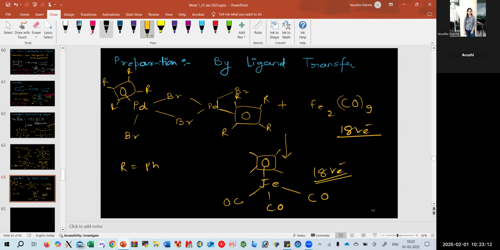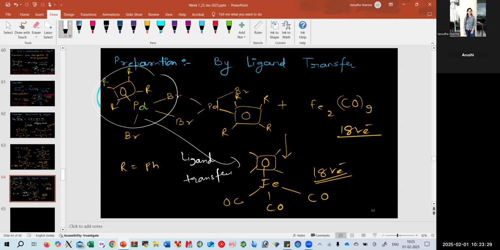So here from one system, the ligand has been transferred to the other metal. So this is also one process of preparing a transition metal complex with cyclobutadiene.